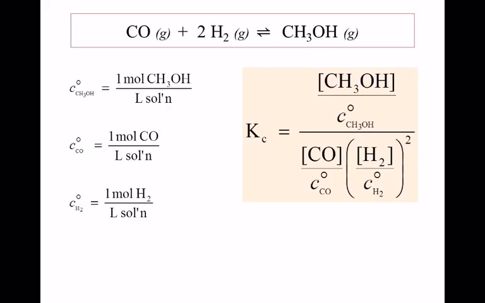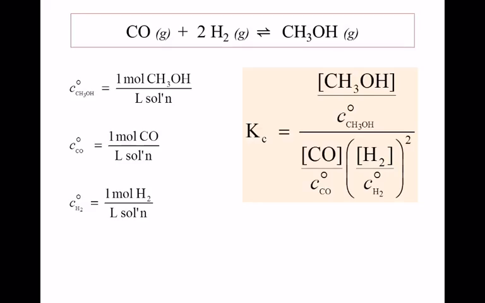In the numerator is the product, methanol, raised to its stoichiometric coefficient, which is 1. To standardize it, we introduce this 1 mole per liter of that species. The interesting thing is that the moles per liter introduced by the molarity will cancel with the moles per liter introduced by the 1 mole per 1 liter, and your units cancel, but you haven't changed the number at all.